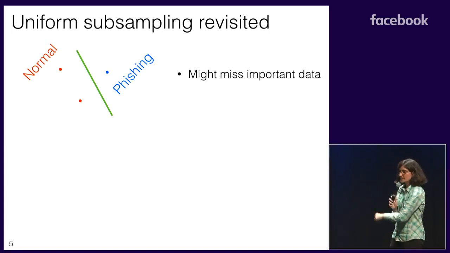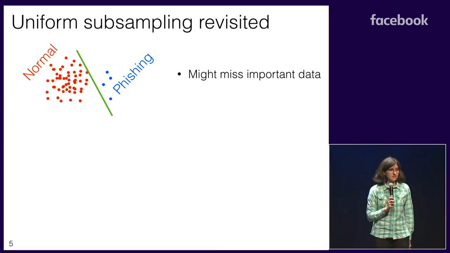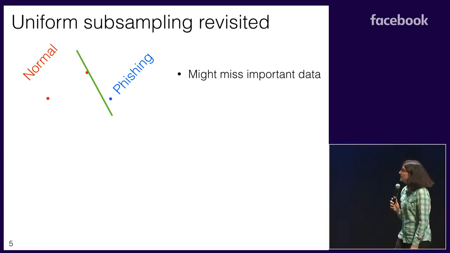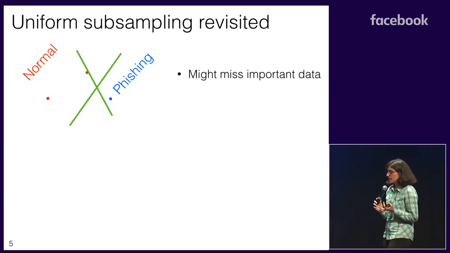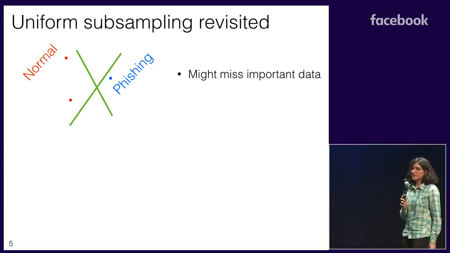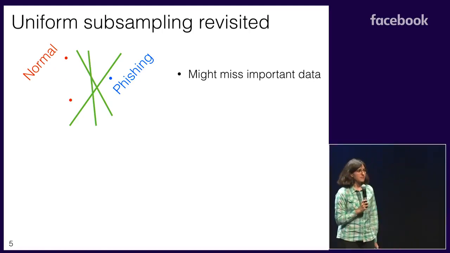I could do this a few times. I could have my whole data set, uniformly subsample it, run my approximate Bayesian posterior inference algorithm, and plot my approximate mean. And I could do this again: uniformly subsample my data, run my whole approximate Bayesian posterior algorithm, and plot my approximate posterior mean.